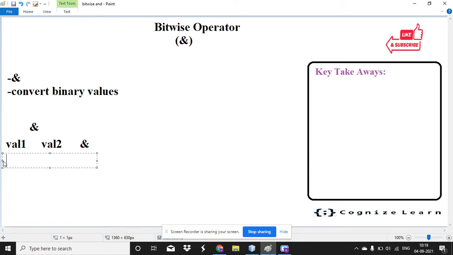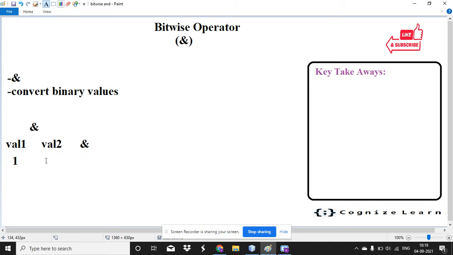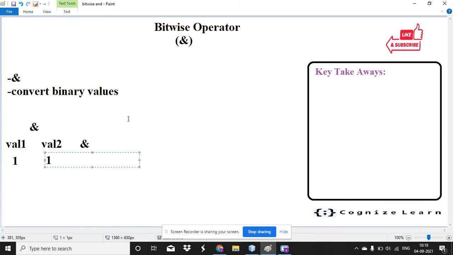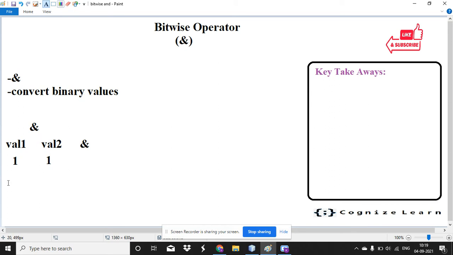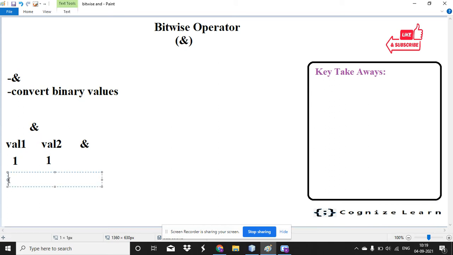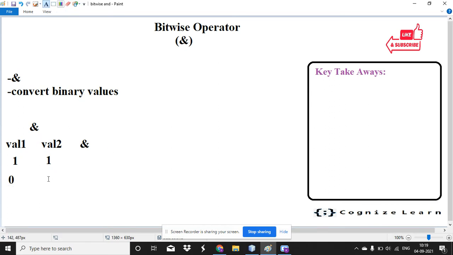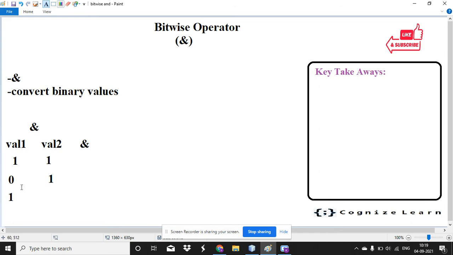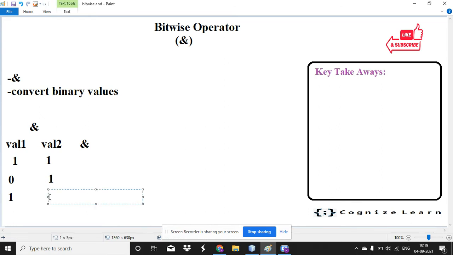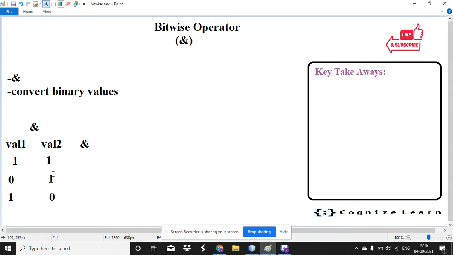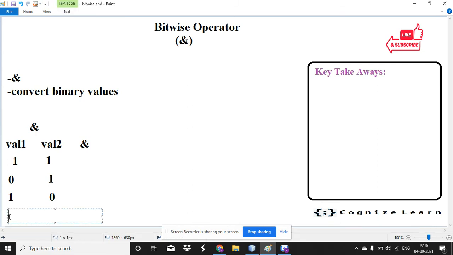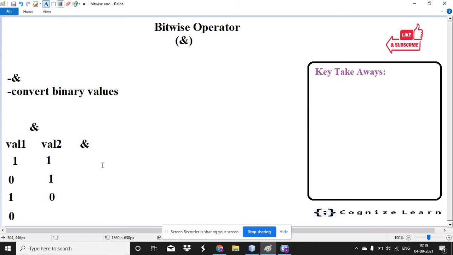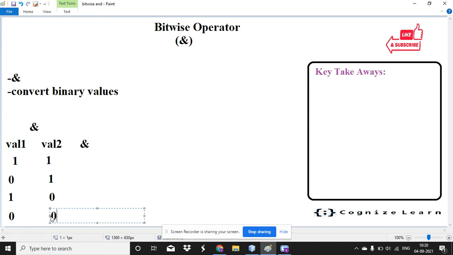If the first value is 1, the next value is 1. And what are the other combinations? The first value may be 0 and the other value may be 1, the first one may be 1 and value 2 of the same one will be 0, and the last one is also 0 and 0.